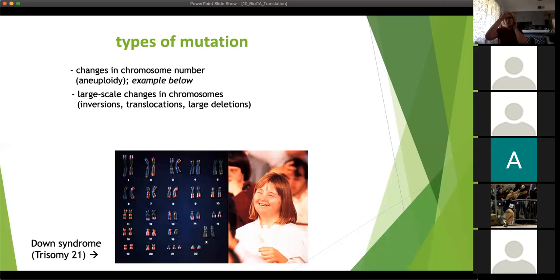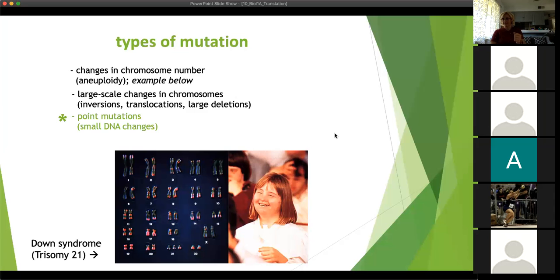There is one that I'm thinking of off the top of my head that's a deletion of part of chromosome 5. And the condition in English, it's called cry of the cat. I don't speak French very well, but the real name is in French, so that's why I'm not even going to try it. In English, it's cry of the cat, because the children have significant mental defects, and they cry a lot, and when they cry, it sounds like they're meowing like a cat. So very significant consequences when we alter chromosome structure and number.